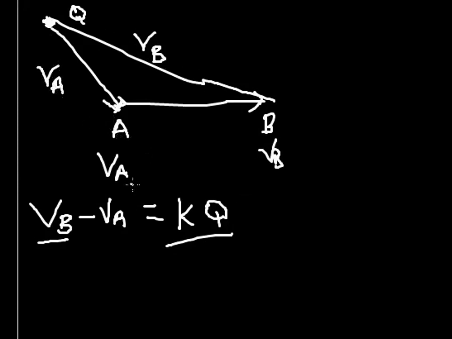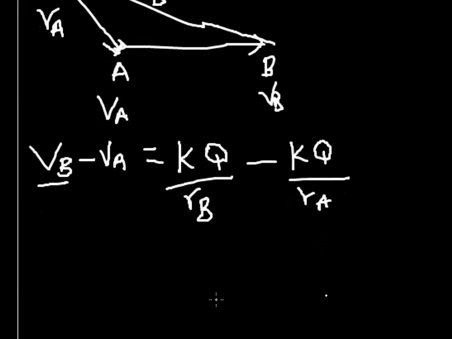So V is going to be KQ over RB, the distance, since I'm doing B first. Then minus, I do the same for A: the same KQ, the same charge, then the distance, which is RA.